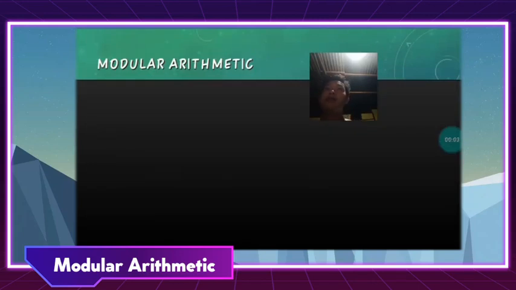We will write it as a is equal to b modulo n. Note the parentheses may or may not be written.